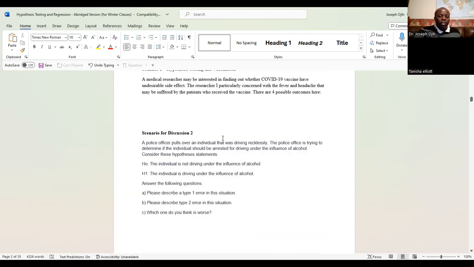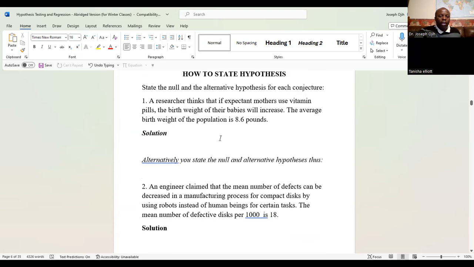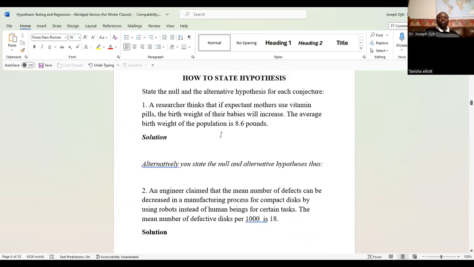The first question says, state the null and alternative hypothesis for each conjecture. A researcher thinks that if expectant mothers use vitamin pills, the birth weight of their babies will increase. The average birth weight of the population is 8.6 pounds.